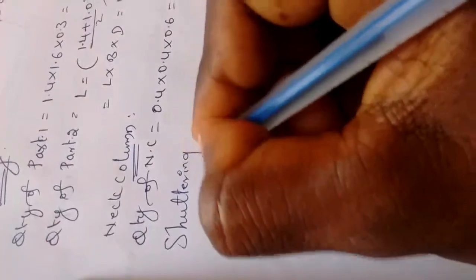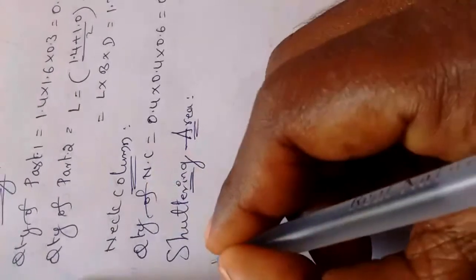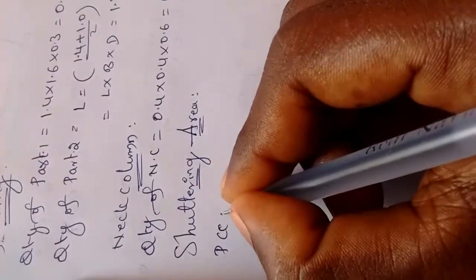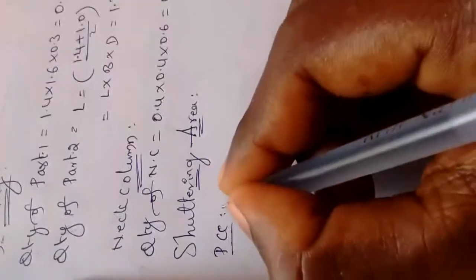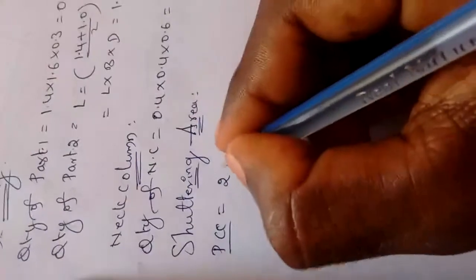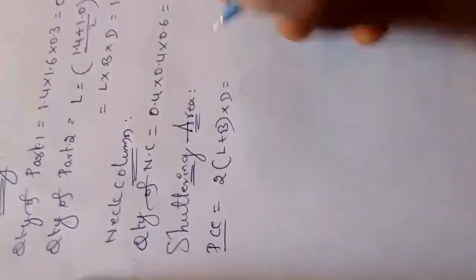Next one, shuttering area. First one, PCC. Shuttering area of PCC equals, formula 2 into (L plus B) into depth.